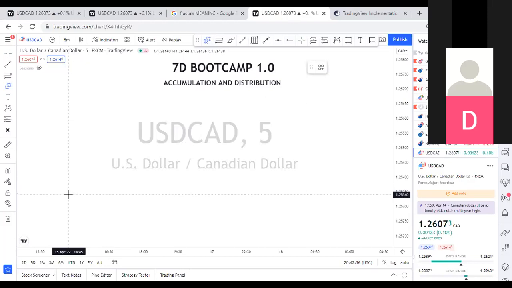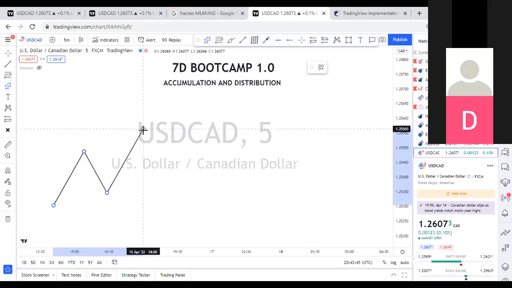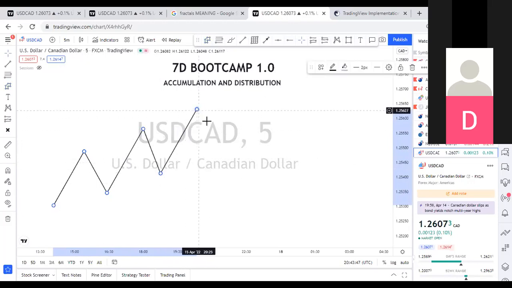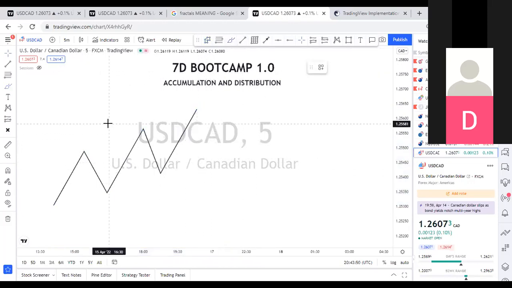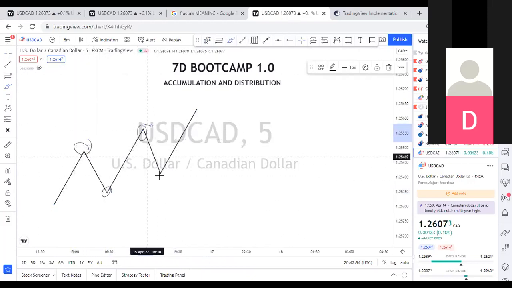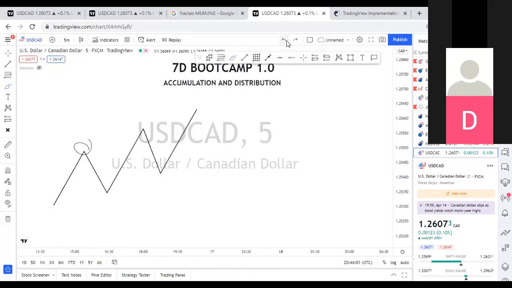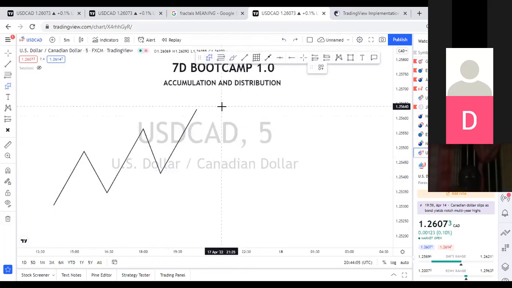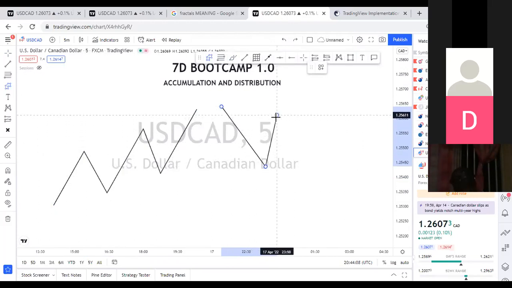I'm going to start from basic price action. In a bullish structure, we have price creating what? A series of higher highs and higher lows. That's what we have in a bullish structure. And in a bearish structure, we have price creating what?